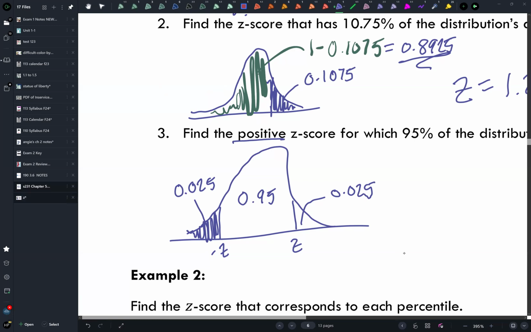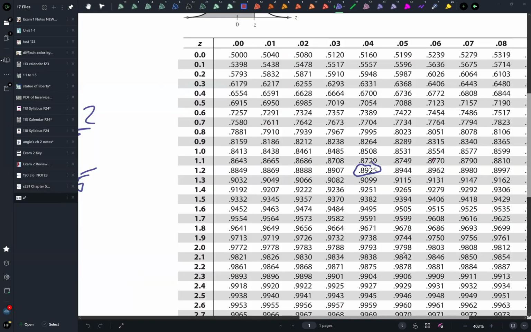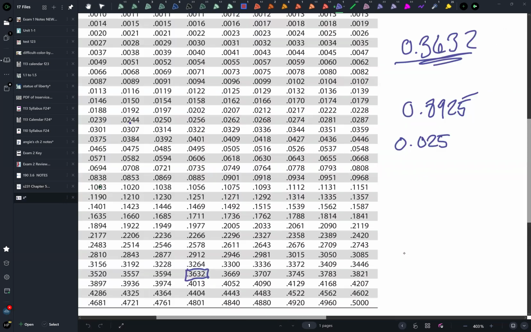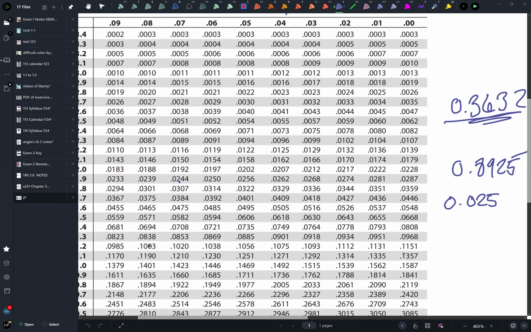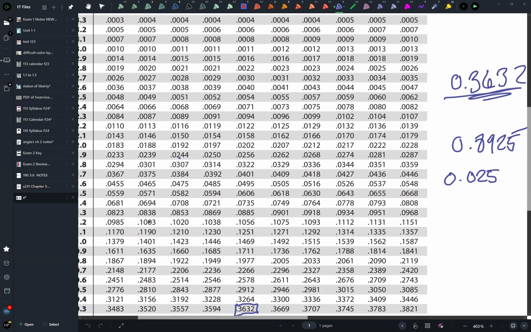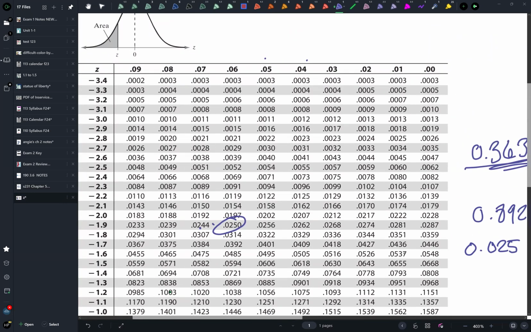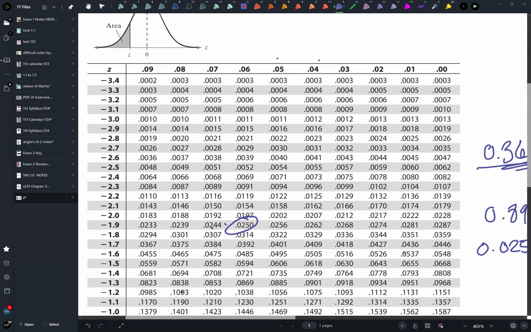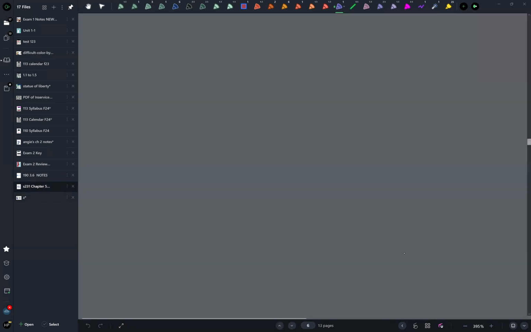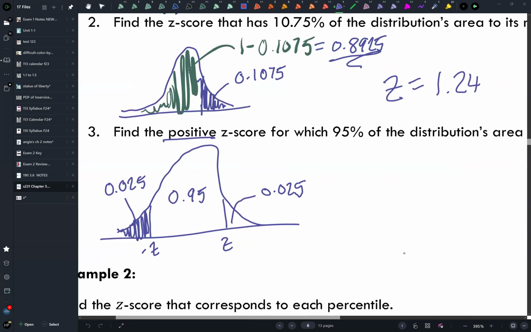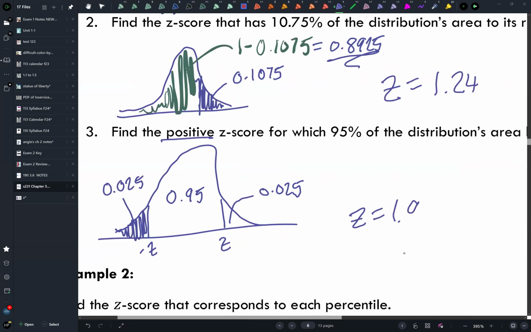So I'm looking for 0.025 on my chart. Over here, 0.0250 corresponds to a z-score of negative 1.96, but I want the positive version, so it's positive 1.96.